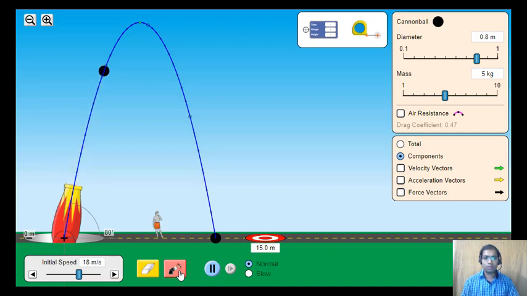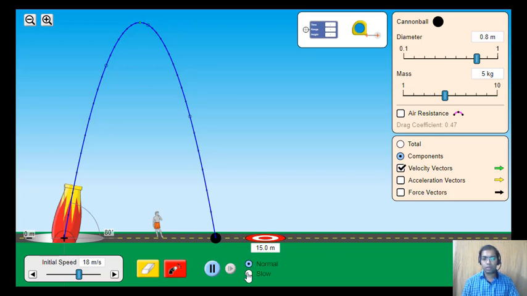Now, if you look at the components, again, we have the total components. So which component would we like to look at? Let us look at the velocity components. Now, in the diagram earlier I had shown that we had uy moving upwards and ux along the horizontal. Once it reached the topmost, we would have only ux, and as it came down again, we would have both ux and uy.